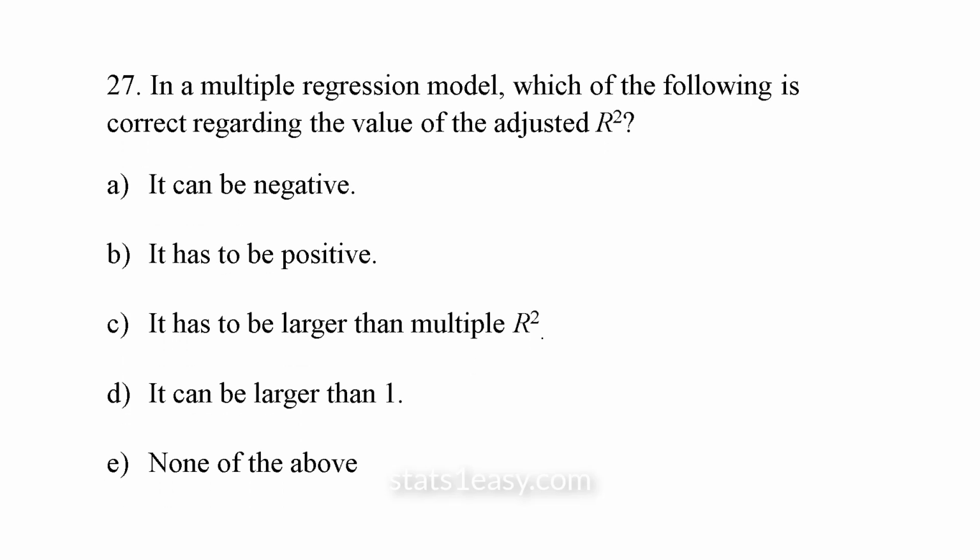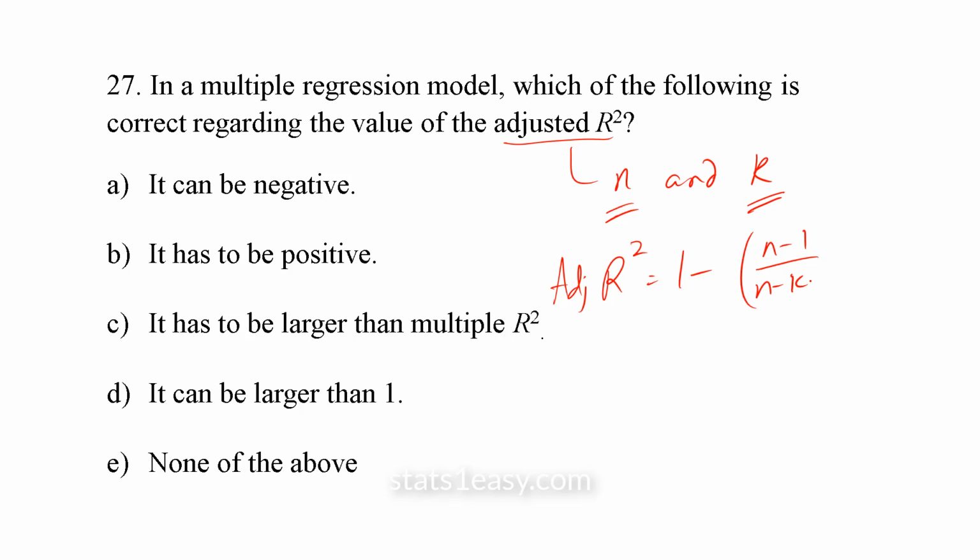In a multiple regression model, which of the following is correct regarding the values of the adjusted R squared? Now, adjusted R squared is R squared adjusted for N and K. That is for the sample size and the number of independent variables. Adjusted R squared is often calculated as 1 minus (N minus 1 over N minus K minus 1) times (1 minus R squared).